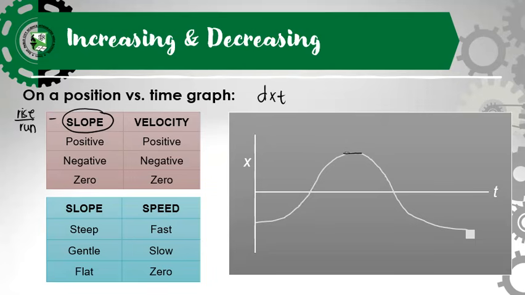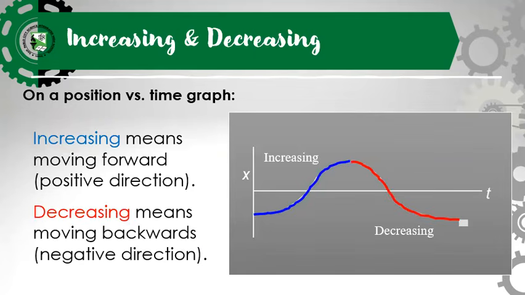So, another thing is the increasing and decreasing of curved lines. Okay? Increasing means, kapag pataas yung line mo, it means it is moving forward at a positive direction. Kapag naman pababa yung line mo towards the negative direction, okay? It is moving backwards or on the opposite direction.